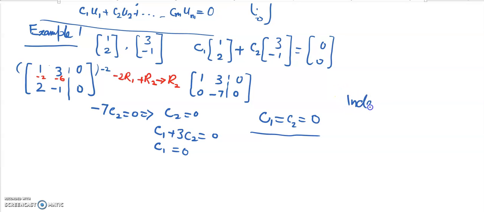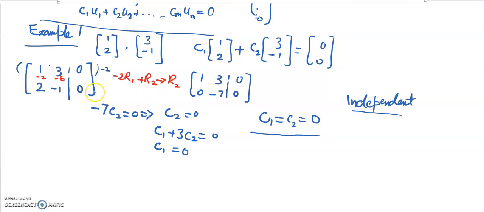For later questions we can shorten this process as well. For example, if we get a matrix in echelon form, then those vectors will be independent. If we cannot get the echelon form, then those vectors will be dependent. This is another thing we can apply.